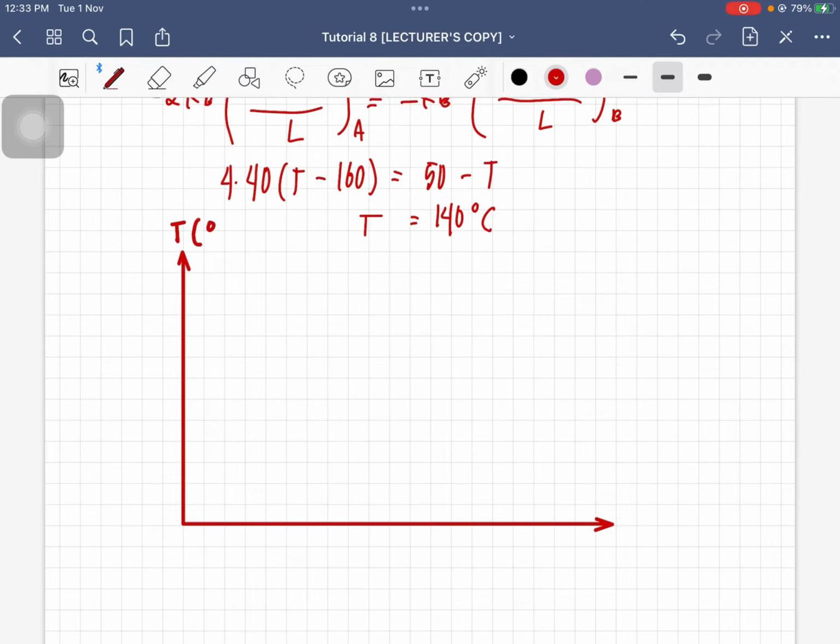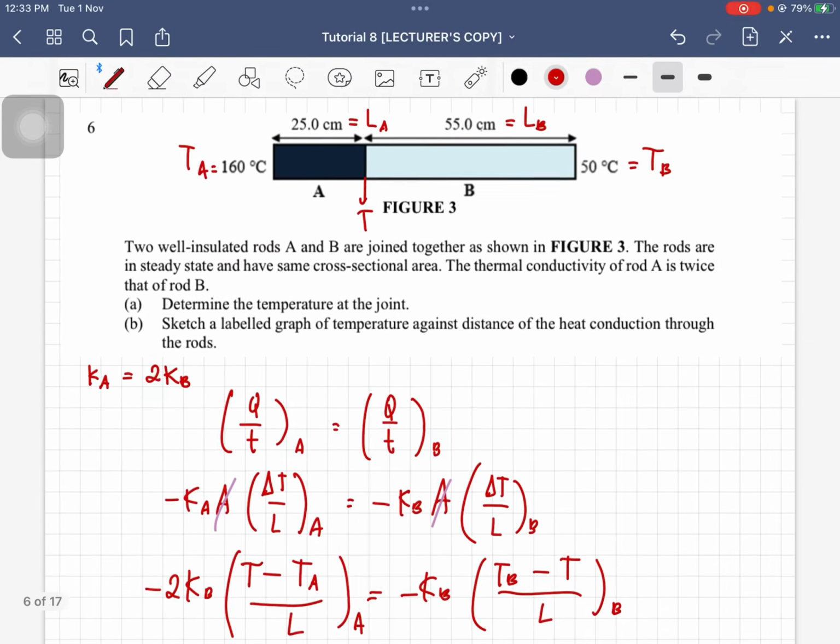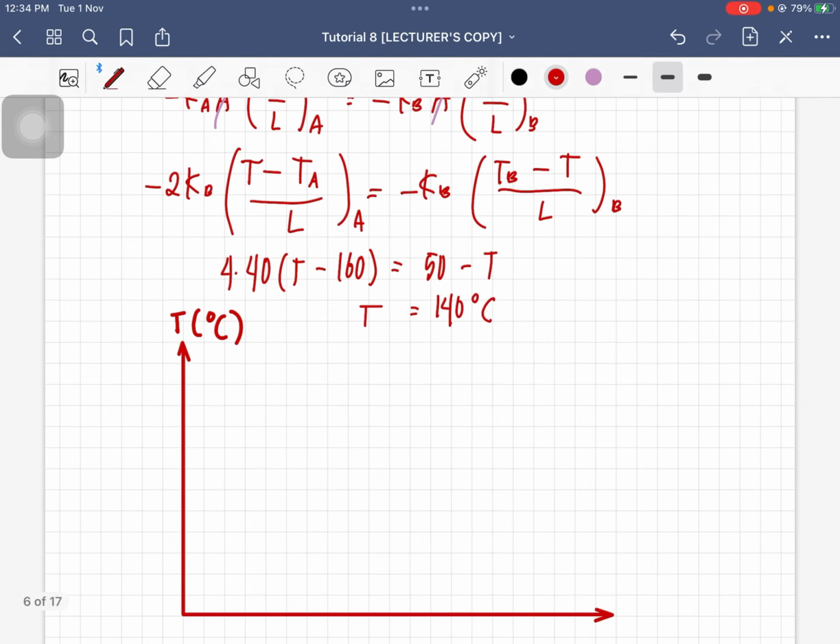Temperature is in degrees Celsius. What do we label distance, is it X? Let me double check. Is it L? I think it's L. Yes, L.